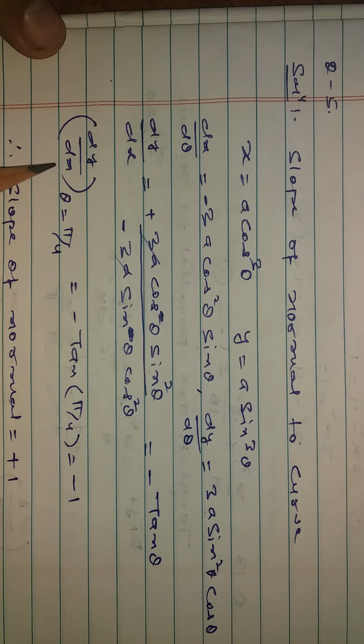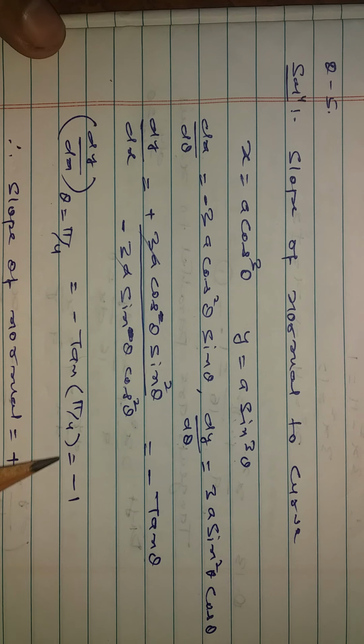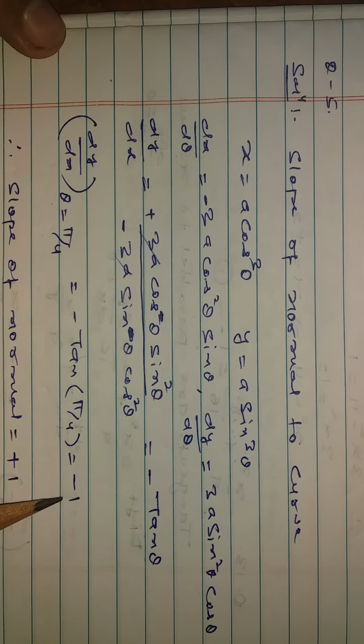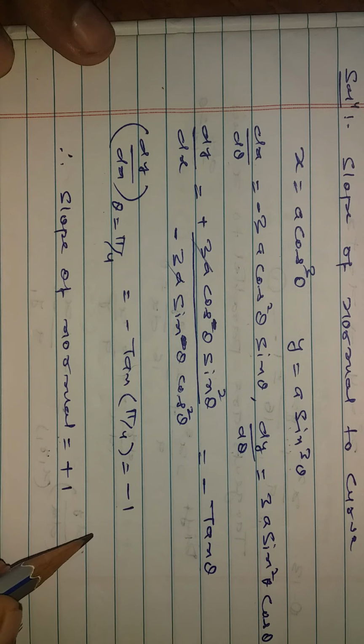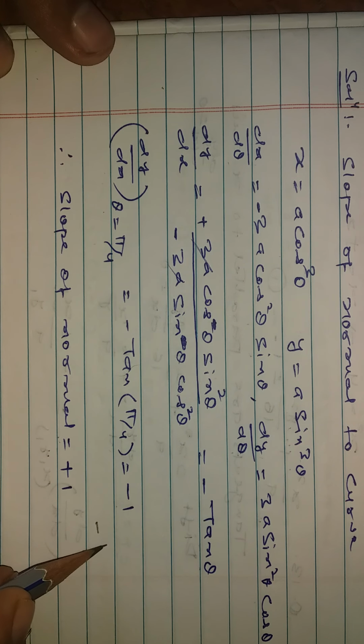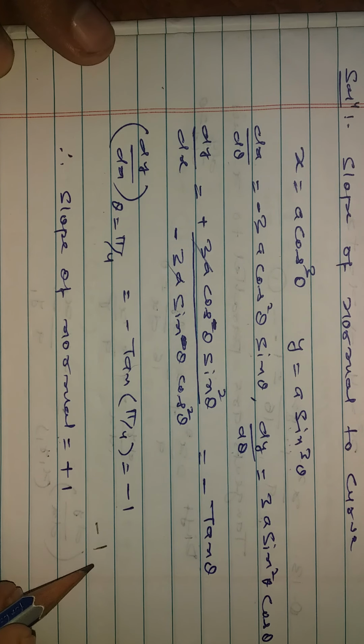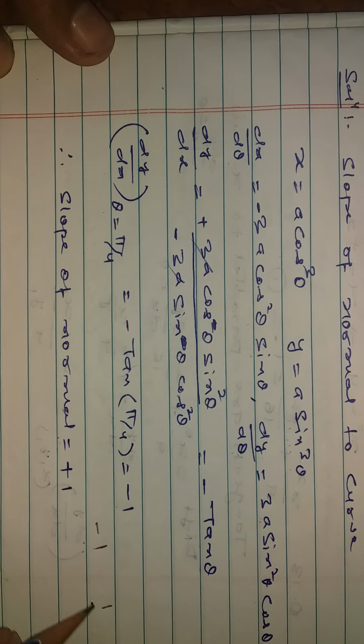So when theta is pi by 4, tan of pi by 4 is 1, so dy by dx is minus 1. The slope of the normal will be the reciprocal of minus 1 with a minus sign. So minus and minus cancel, and the slope will be 1. The slope of the normal is 1.